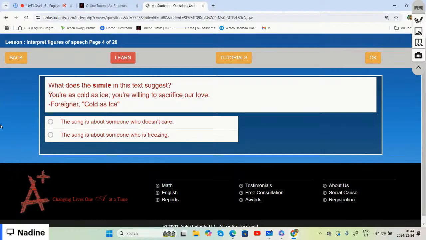And if we were to identify the simile, does it mean the song is about someone who doesn't care, or the song is about someone who is freezing?